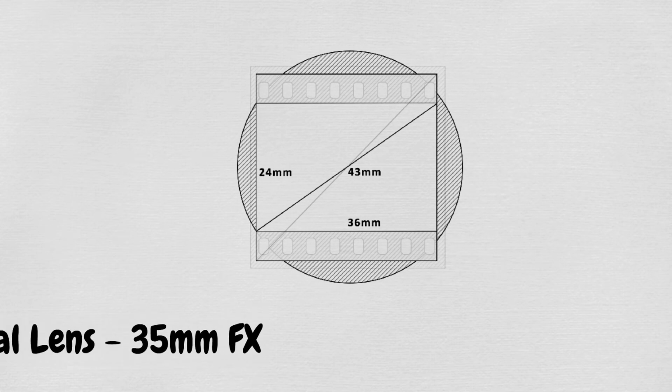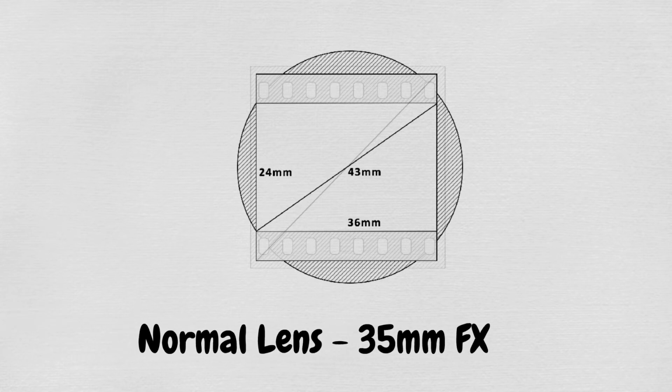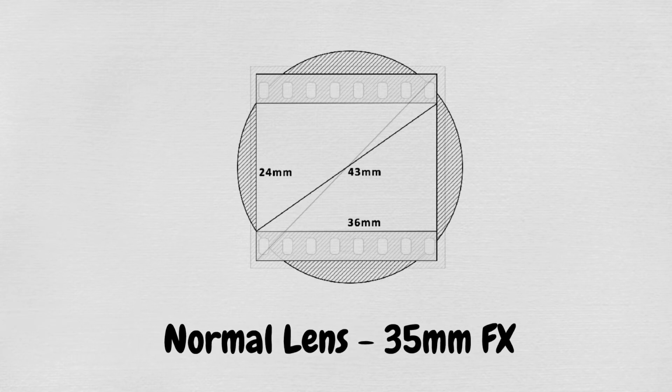The size of a 35 mm, I am talking about a full frame 35 mm camera or the FX camera as it is called these days, is 36 mm by 24 mm. The diagonal comes to around 43 mm. A to B is the diagonal, around 43 mm.